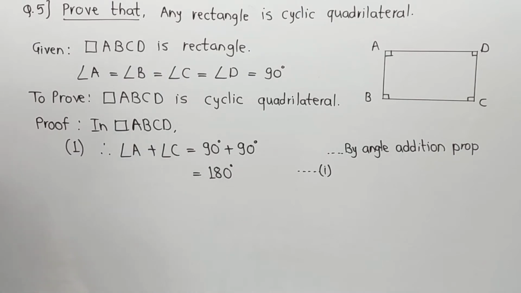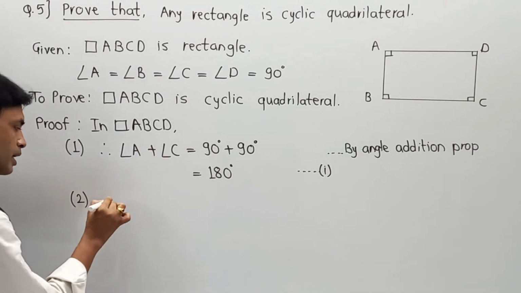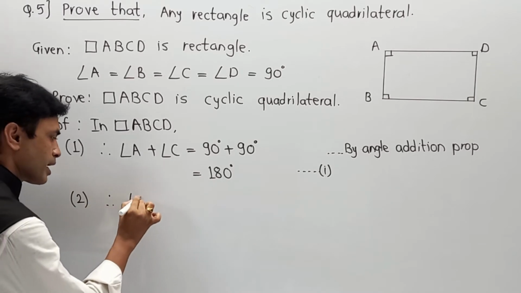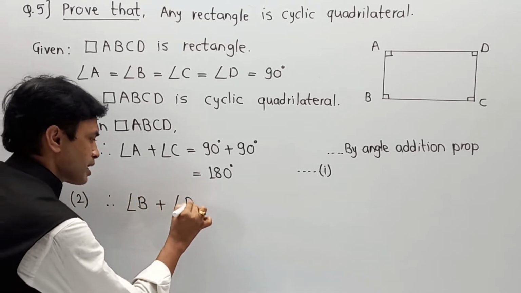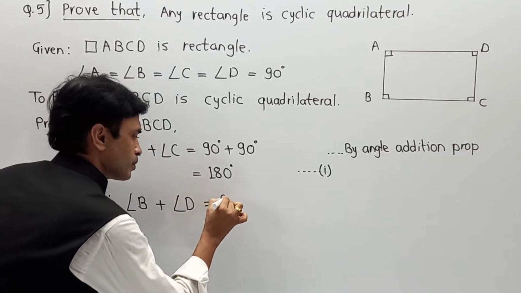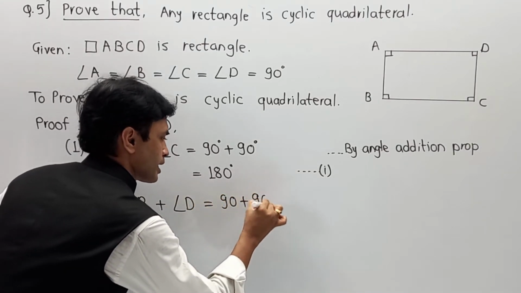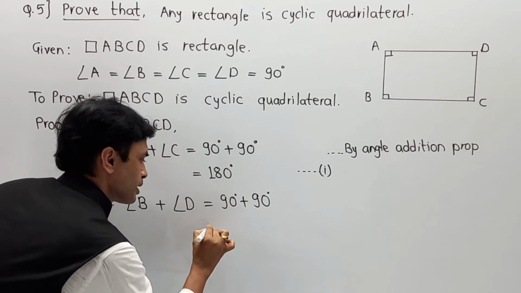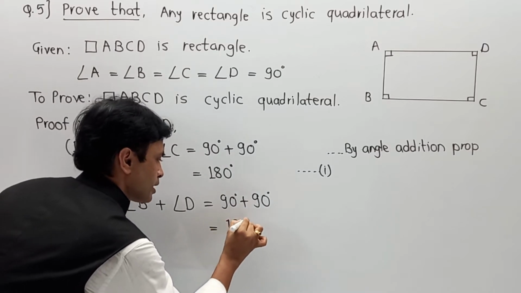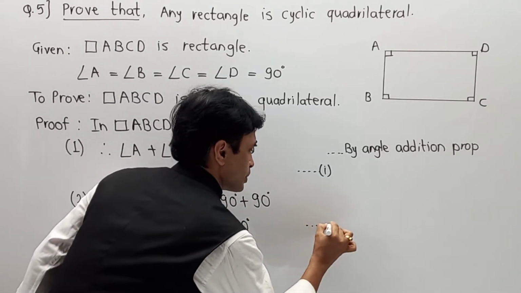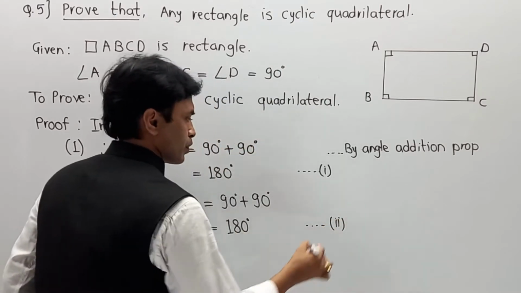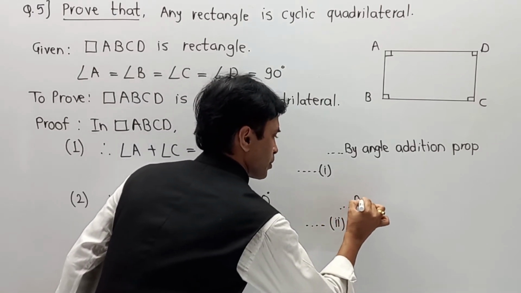Now the second part, the same for angle B plus angle D. Therefore angle B plus angle D is equal to 90 plus 90, and again that becomes 180 degrees. I am going to give it as equation number 2, again by angle addition property.